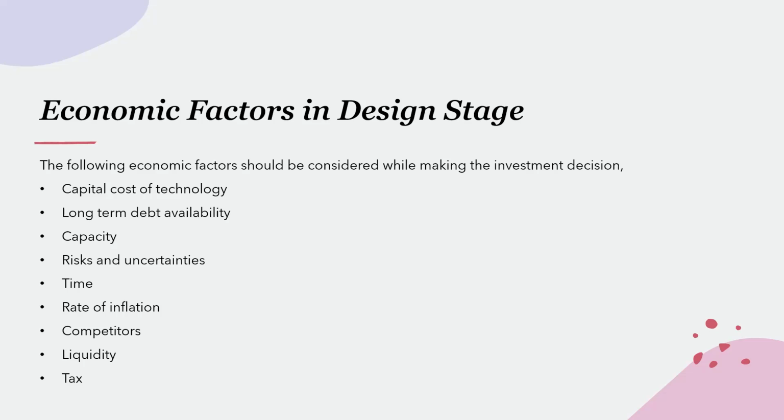Do we have long-term debts or not? Then the capacity, which most importantly, we should be aware whether we have the capacity to do this particular construction work. Based on that only, we should design the particular work. If we don't have such capacity, we should not go for higher designs.